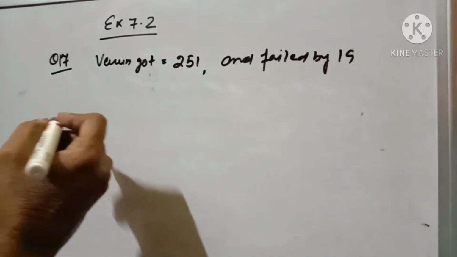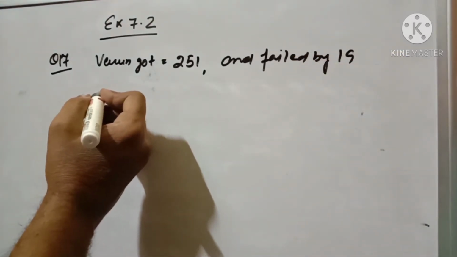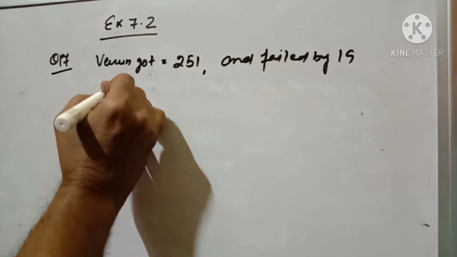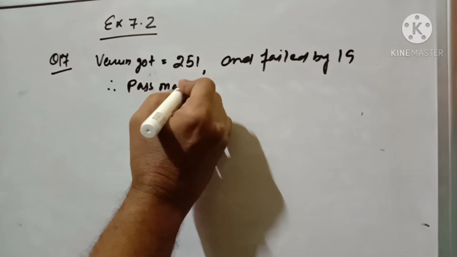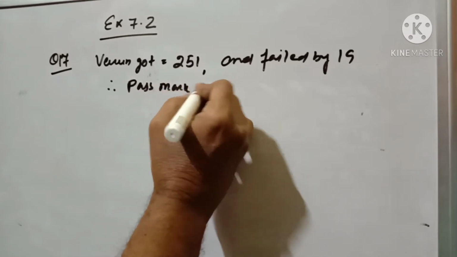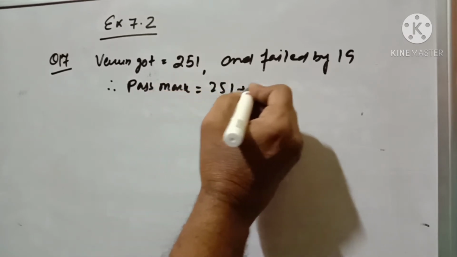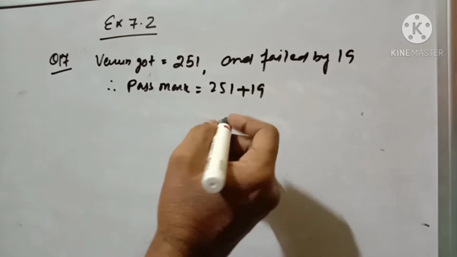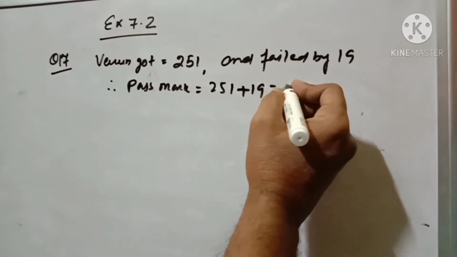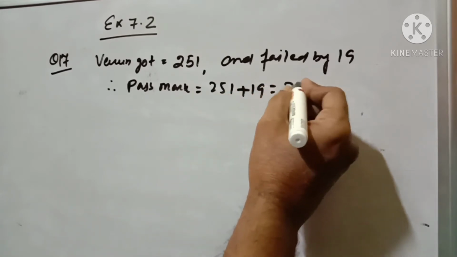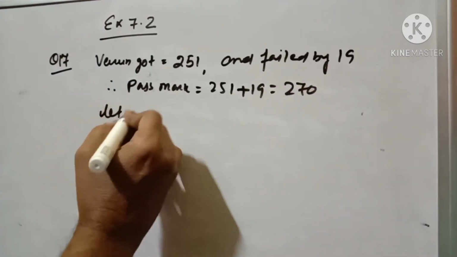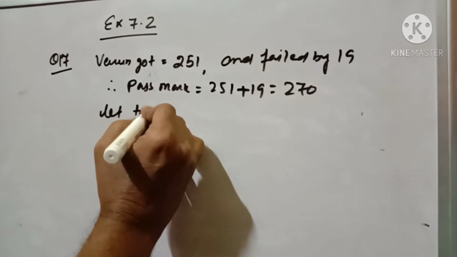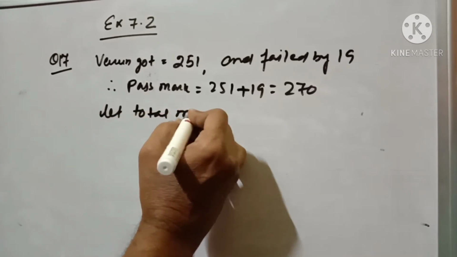So therefore pass marks equal to what? Pass marks equal to 251 plus 19, equal to 270. Let the total marks be x.